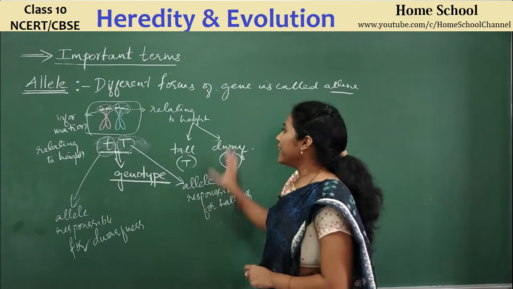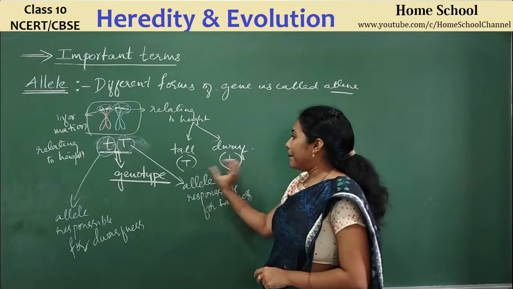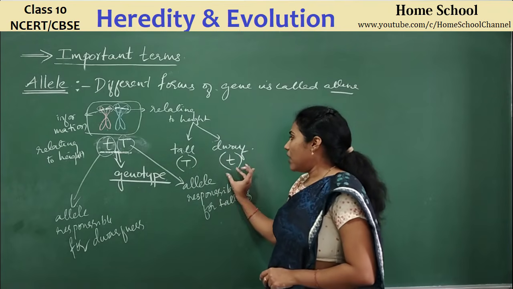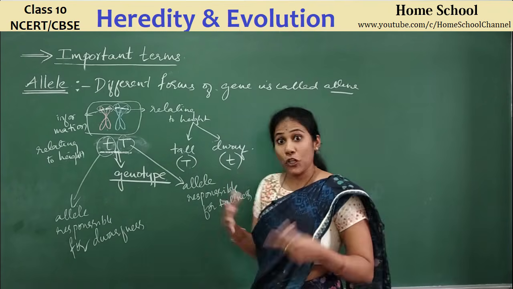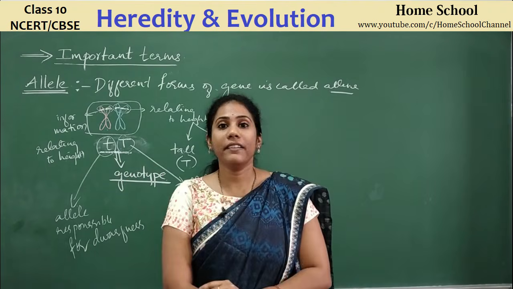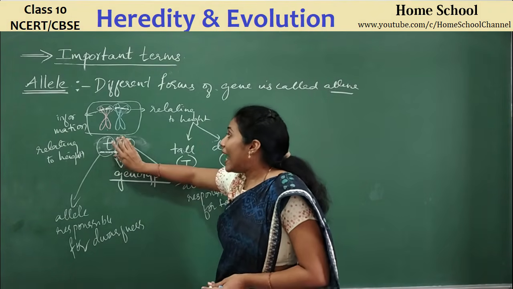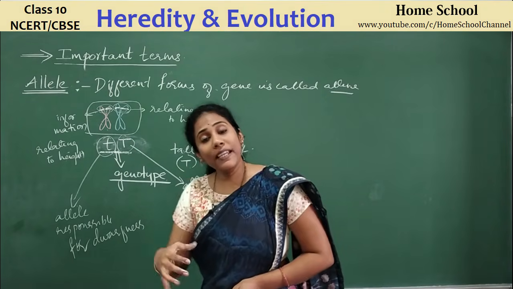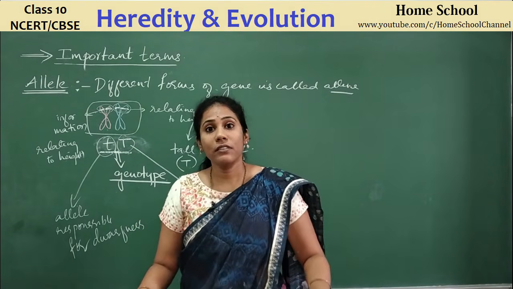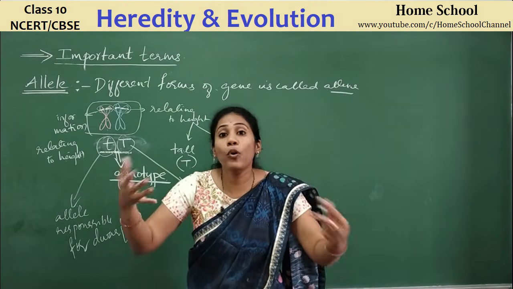Usually in the character called height, capital T means tall, small t means dwarf. Always tallness is more dominant. If you have a gene for tallness, that gene will be expressed more, will be more active in a baby.